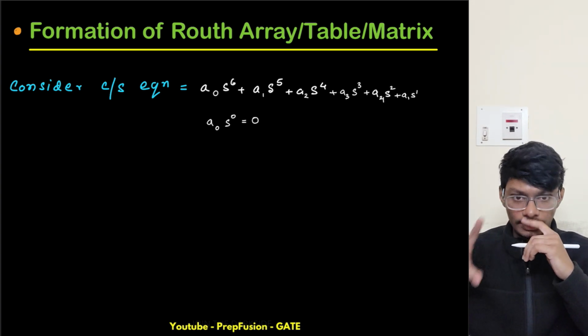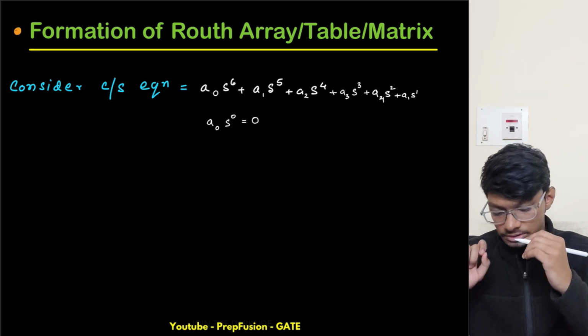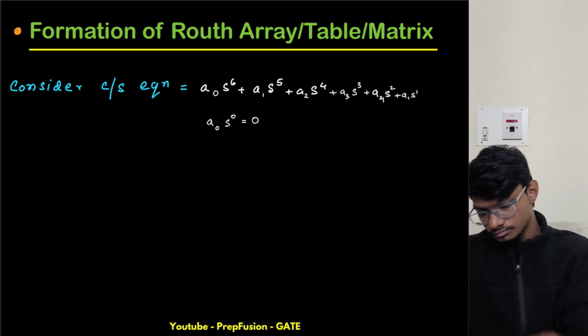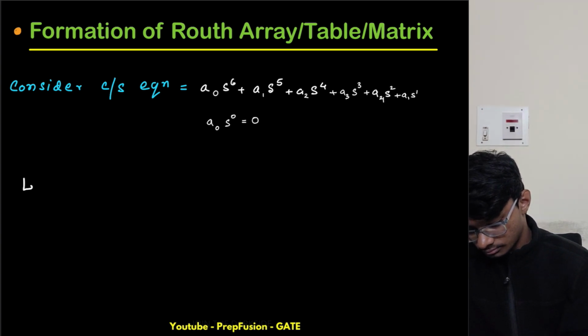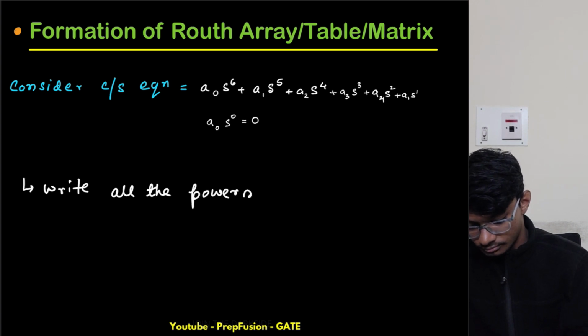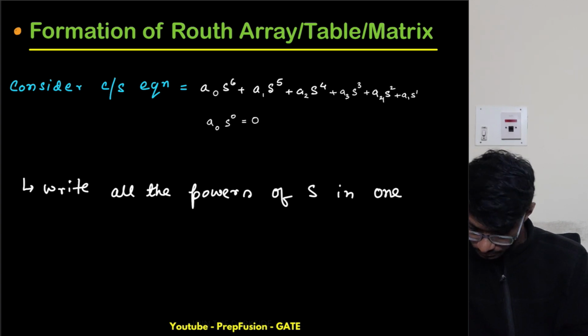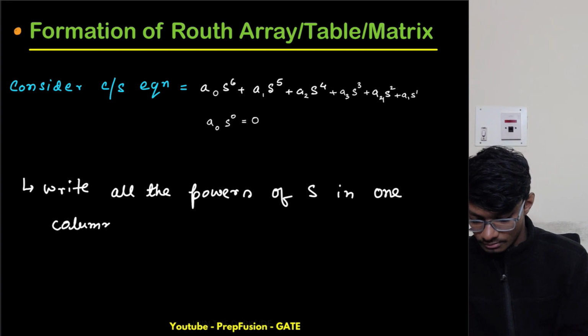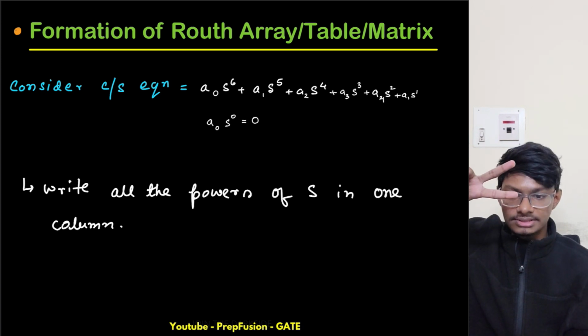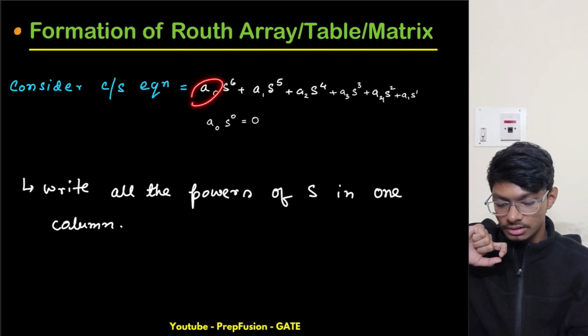How will we write the Routh array? First, we write all the powers of s in one column. Then I will write the first two rows of the array as the coefficients of the terms of my equation.